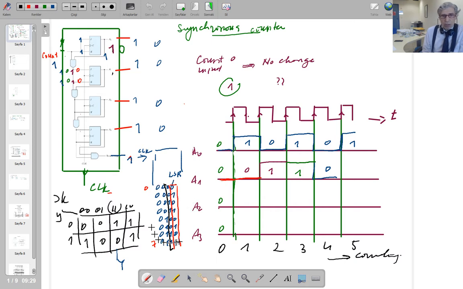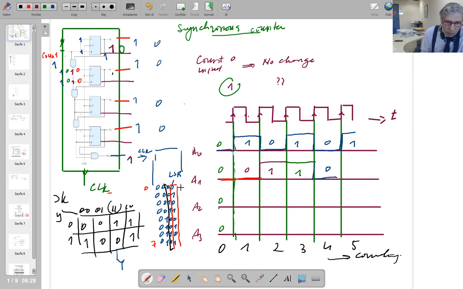So you see that is the counting. If you take the outputs, what is taken out is the state variable itself. If you take out the prime of the state variable, what you're going to see is the negation of the other outputs, isn't it?